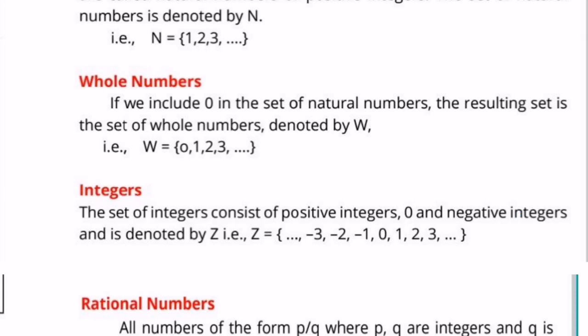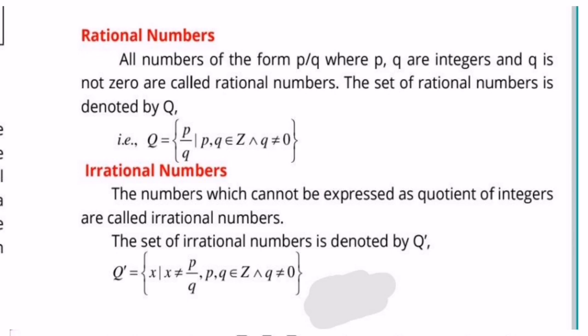Now rational numbers. All numbers of the form p by q, where p, q are integers and q not equal to 0, are called rational numbers. The set of rational numbers is denoted by Q and mathematically, Q is equal to p over q such that p, q belong to integers and q must not equal 0.